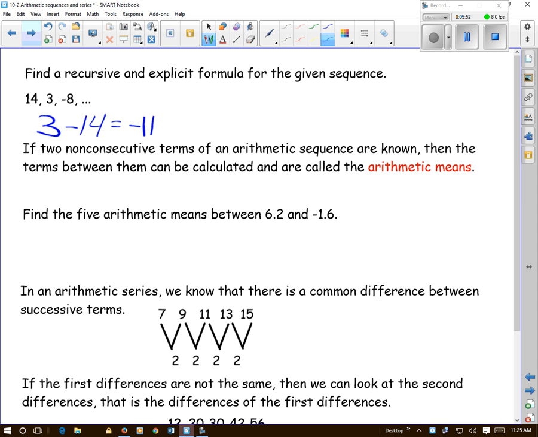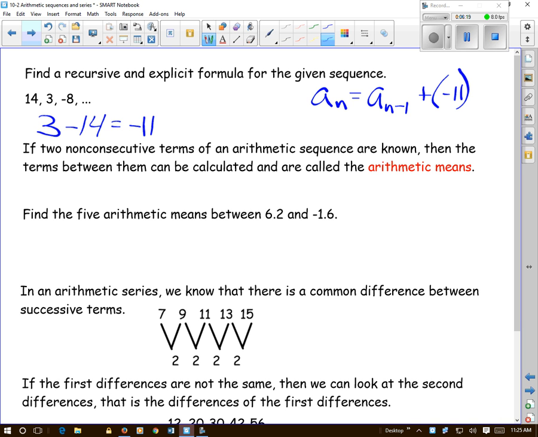So negative 11 is the common difference. And so the recursive formula is a sub n equals a sub n minus 1 plus d, which is negative 11. And of course, we could put minus 11 there.